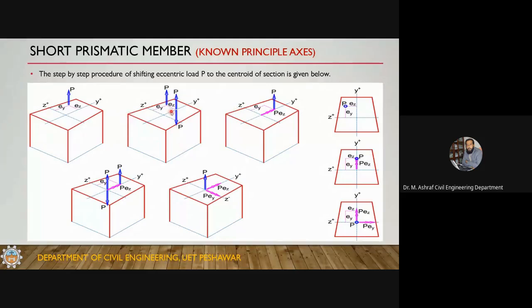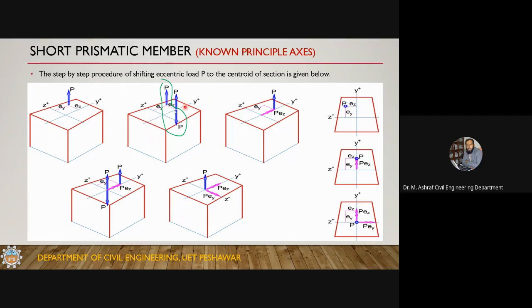Now if you just look at these two forces, they are equal and opposite forces, and they are creating a couple, and the couple is P times Ez. They are Ez distance apart, and they are creating a couple about the y-axis. This is the y-axis.